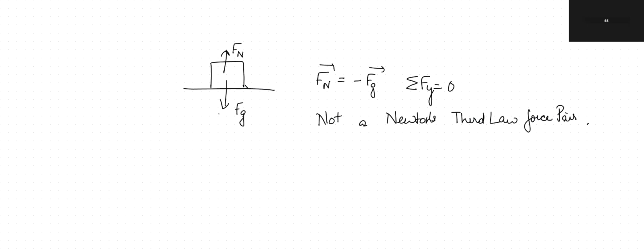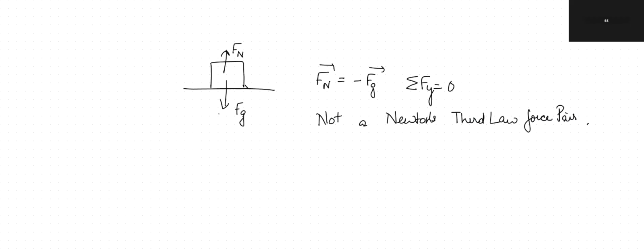So according to Newton's third law, the normal force is the force the table applies upward on the book. And then according to Newton's third law, the force that makes the force pair with the normal force is the force the book applies downward on the table.